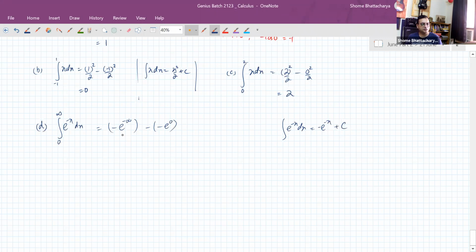So the value at the upper limit is minus 1 upon e raised power infinity. We can write it like this, minus of minus 1. So it's interestingly 1.